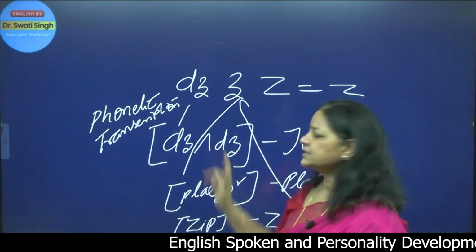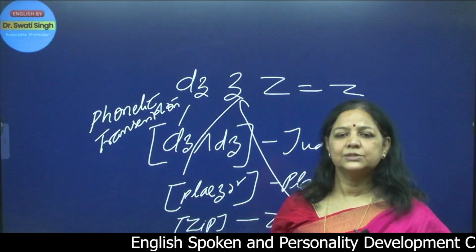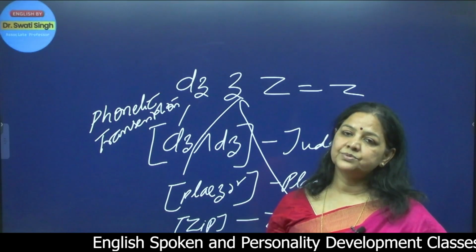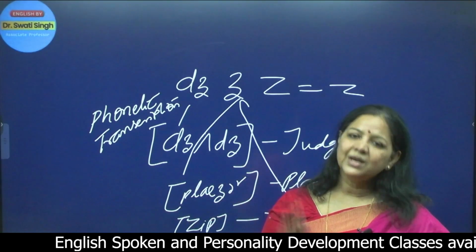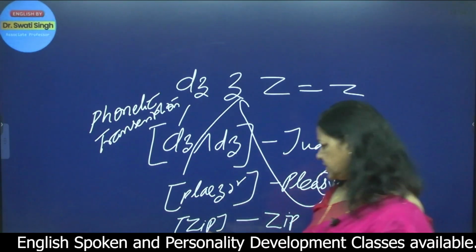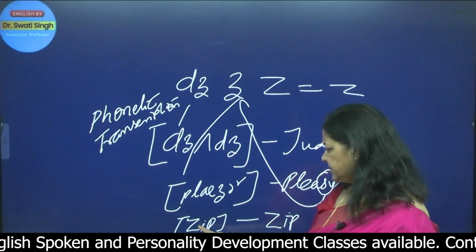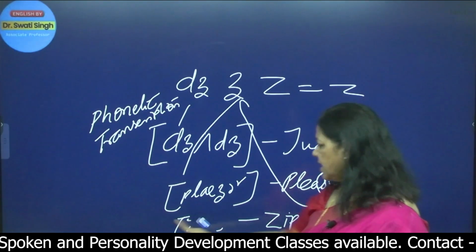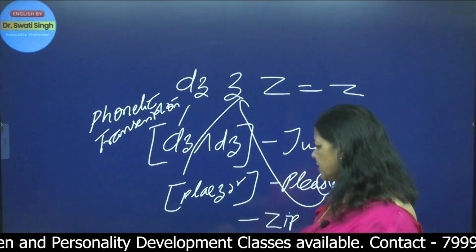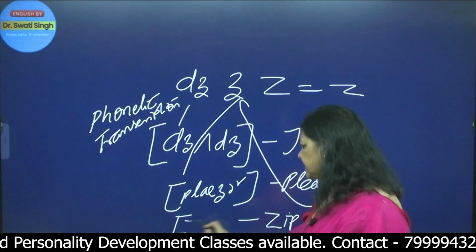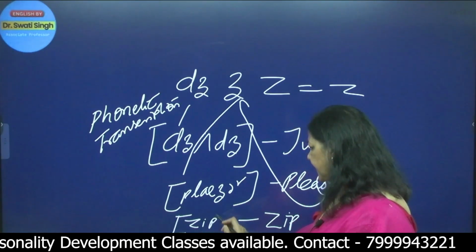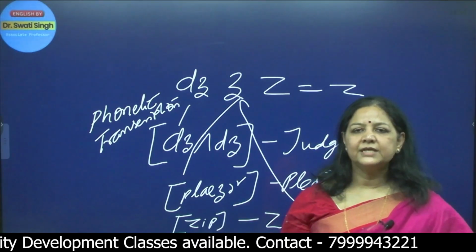And second, no cursive writing is used for phonetic transcription, and always small letters are used. You must have noticed in zip, that should not be the correct writing. So we have to write it this way. So these are the rules.